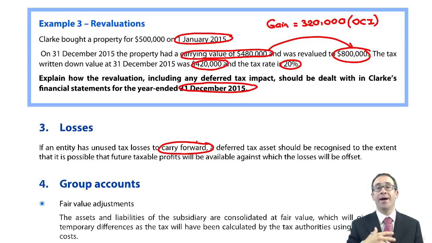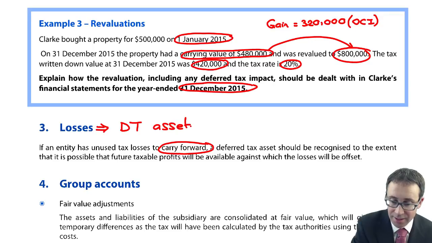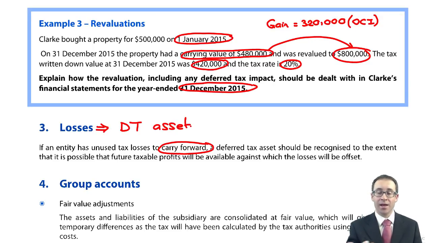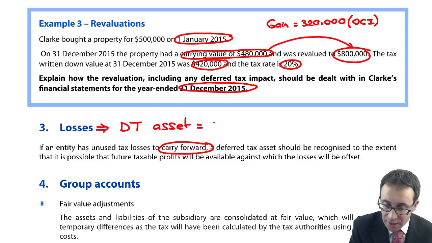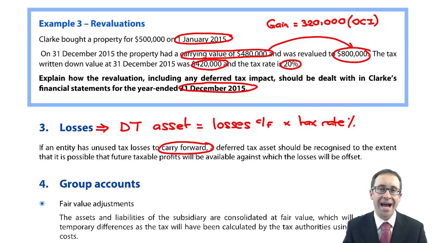If we're paying less tax, then we are going to be saving tax in the future. So if you have your losses, then that will give rise to a deferred tax asset. That deferred tax asset is going to be equal to the losses that you have to carry forward, multiplied by the tax rate at which the losses will be settled at.